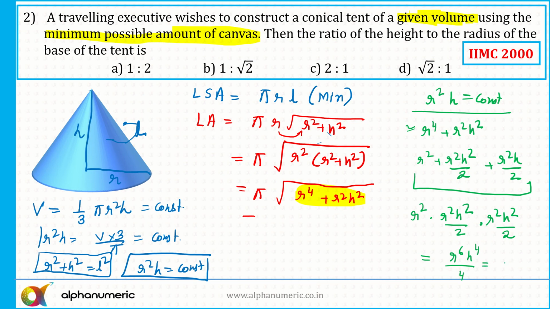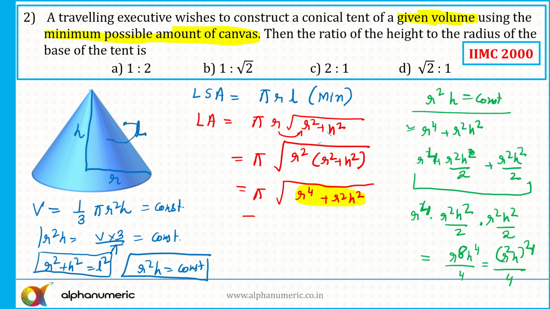Just make a small correction: this is r to power 4, so the product here is r to power 8 h raised to power 4 by 4, which is r square h raised to power 4 by 4.